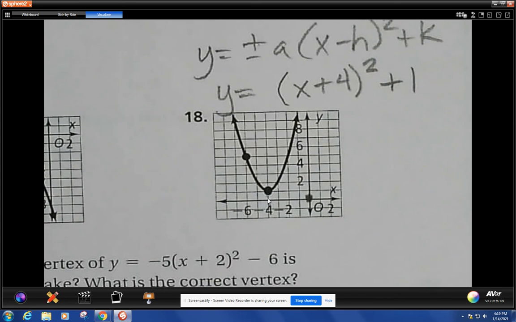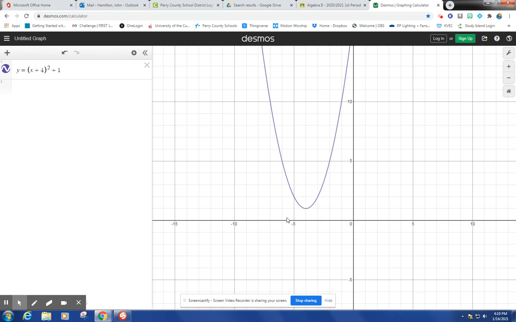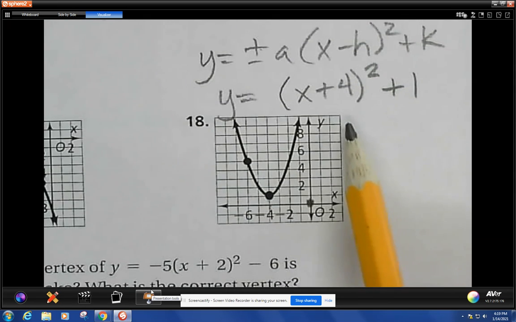I come over to -4, I come up to +1, and if I look at my graph here, it's exactly what I have. I come over to -4 and I go up 1. Notice my vertex is exactly the same as it is in the graph that we had just a few minutes ago. So that's one of the tasks you're going to have to be able to do as well, is to take a graph and make it into the actual equation, okay?